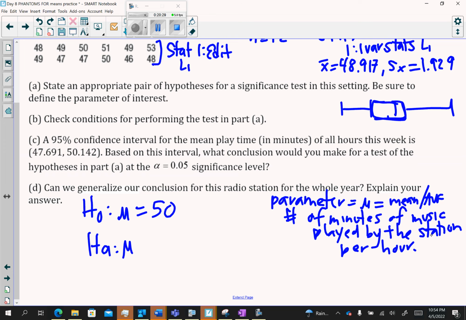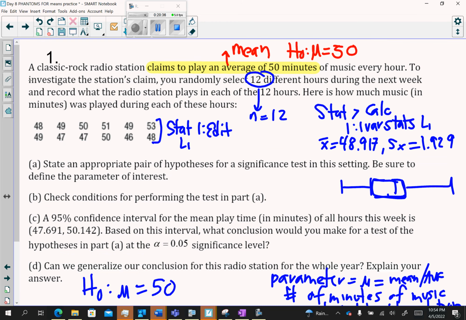All right, so the alternative. What are we claiming to be true? They're claiming it's 50, and then we got 12. It looks to me like they don't really give you a direction in this case for the alternative.